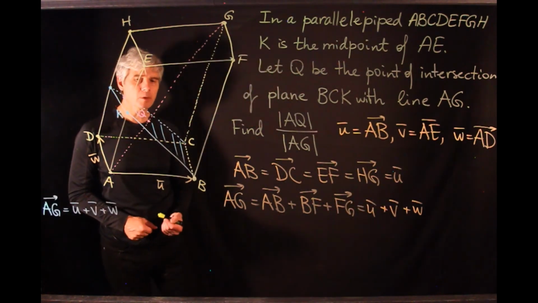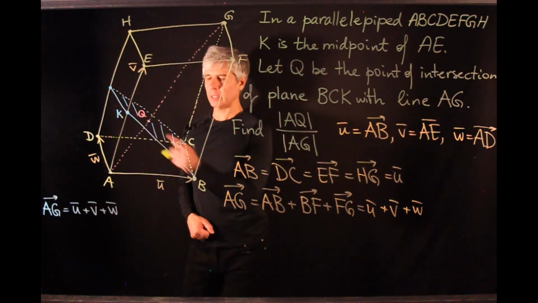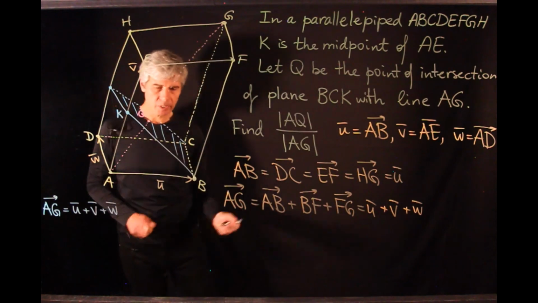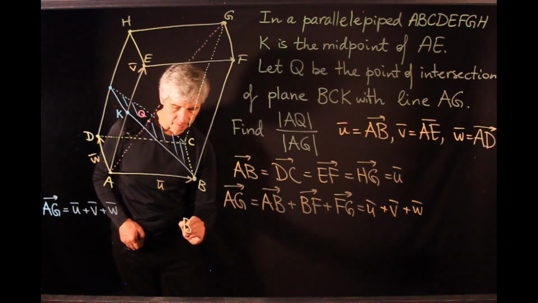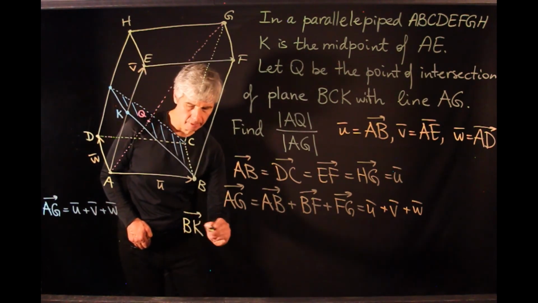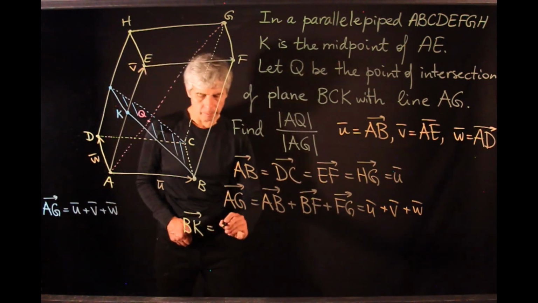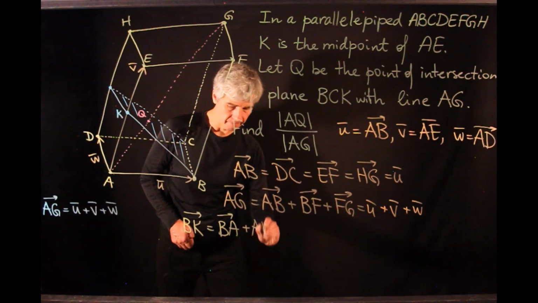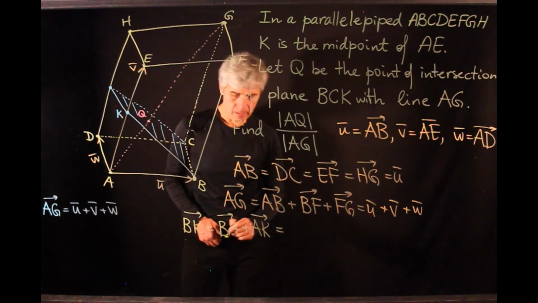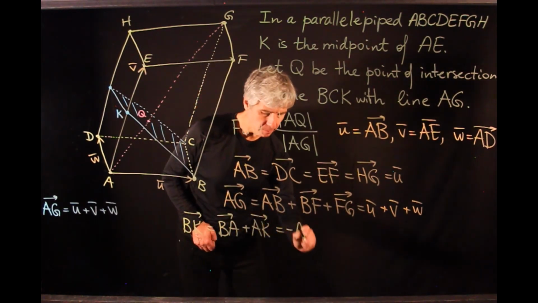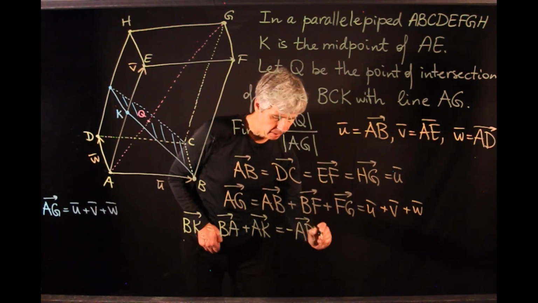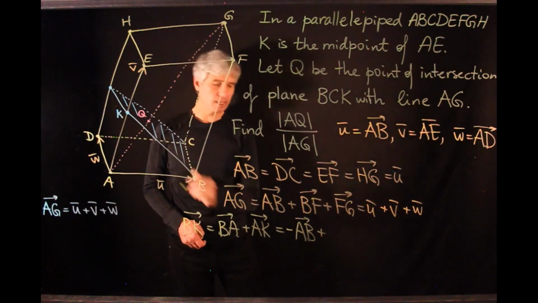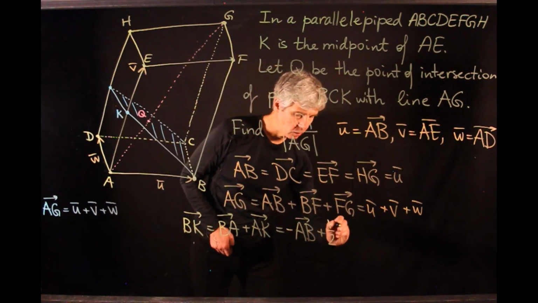The next pair of interesting vectors are those that are associated with the plane BCK. Here we can write that BK is equal to BA plus AK. Now, BA is negative AB, and AK, since K is the midpoint of AE, is 1/2 of AE.